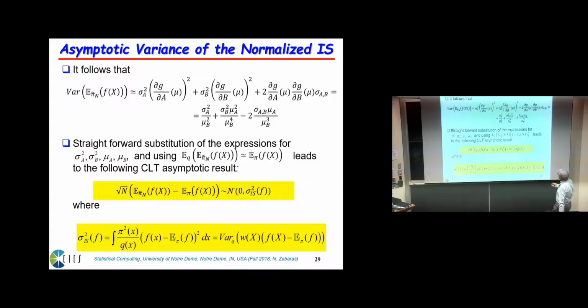One of the two results I'm going to show you is from the central limit theorem. It shows that asymptotically this formulation is unbiased. But in this calculation you notice there is a variance term, which is the variance with respect to Q of W times f minus the true expectation of f.